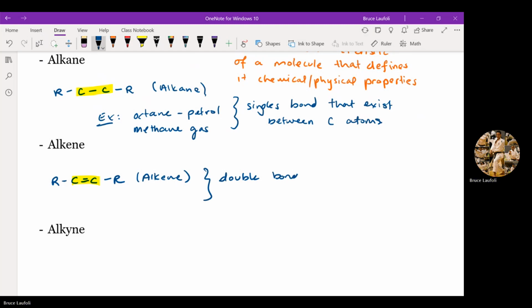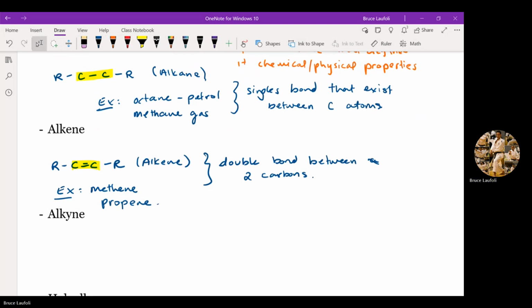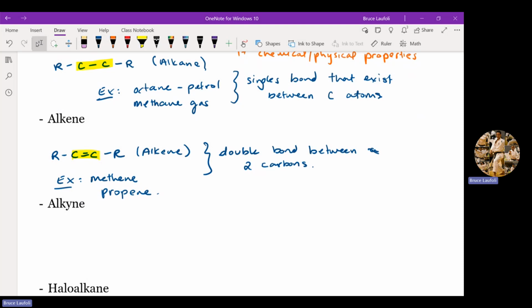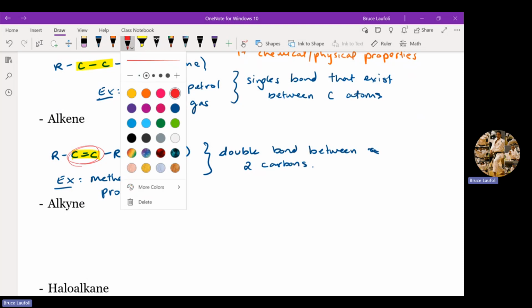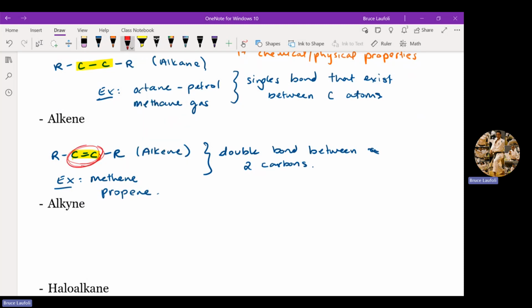Double bond between, well, not a, but two carbons. Okay, and so we can have ethene as an example, or another one is propene. And so that's important as well. So whenever you see this double bond structure over here, that's when you know there is an alkene present.